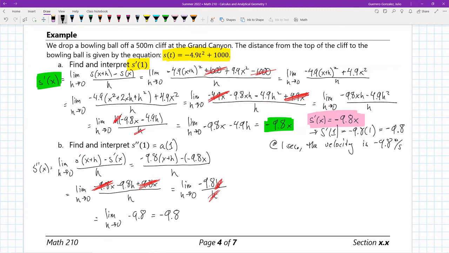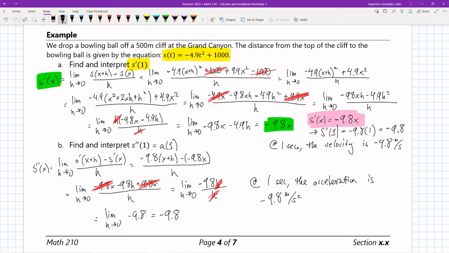Notice that it doesn't matter what my time is, my acceleration is always going to be negative 9.8. So at 1 second, the acceleration is negative 9.8 meters per second squared.